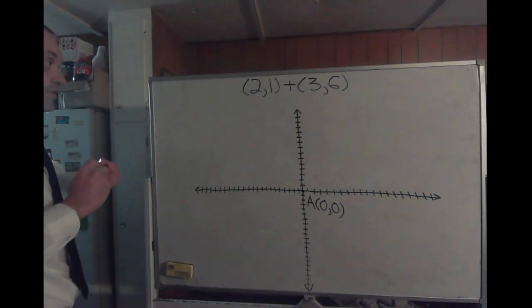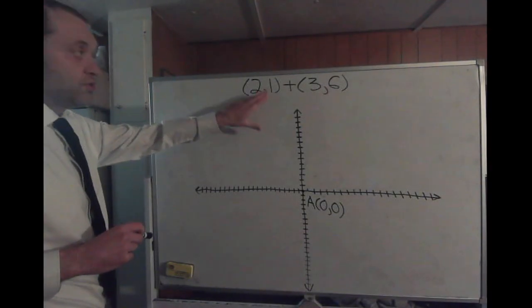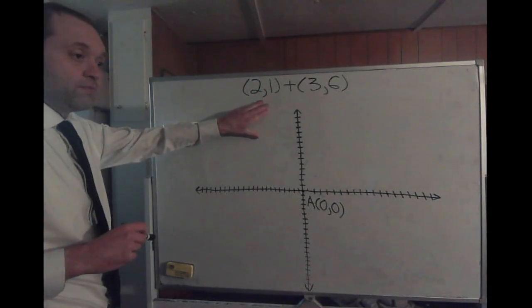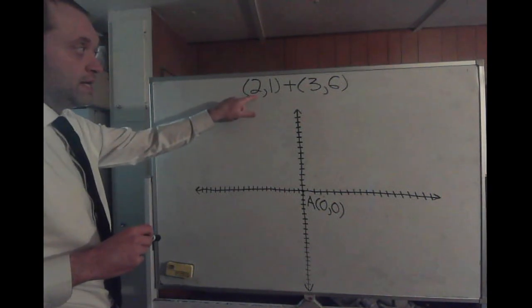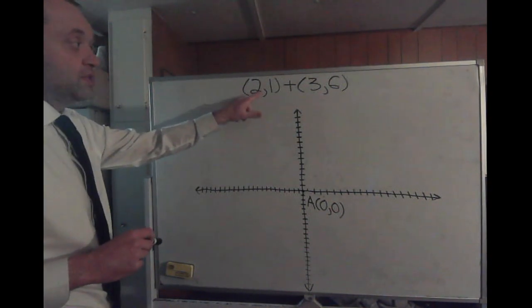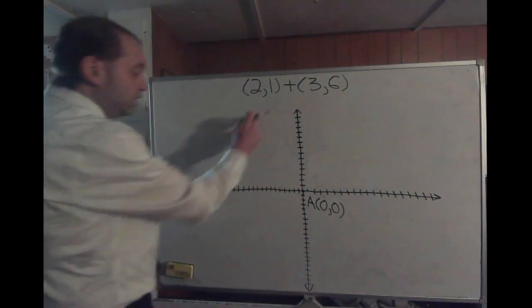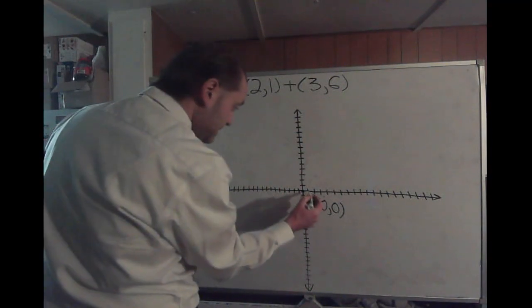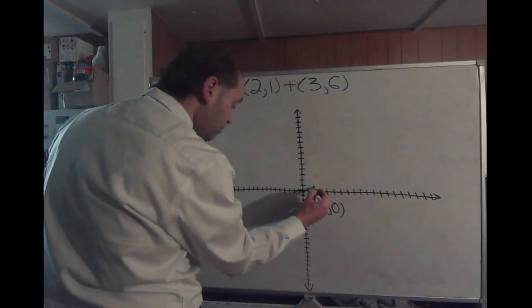Now, the first vector, whenever you're doing vector addition, that 2, 1 is from my starting point to the new point. So if I have a vector of 2, 1 from 0, 0, well, that tells me my point B, my next point, would actually be at 2, 1.